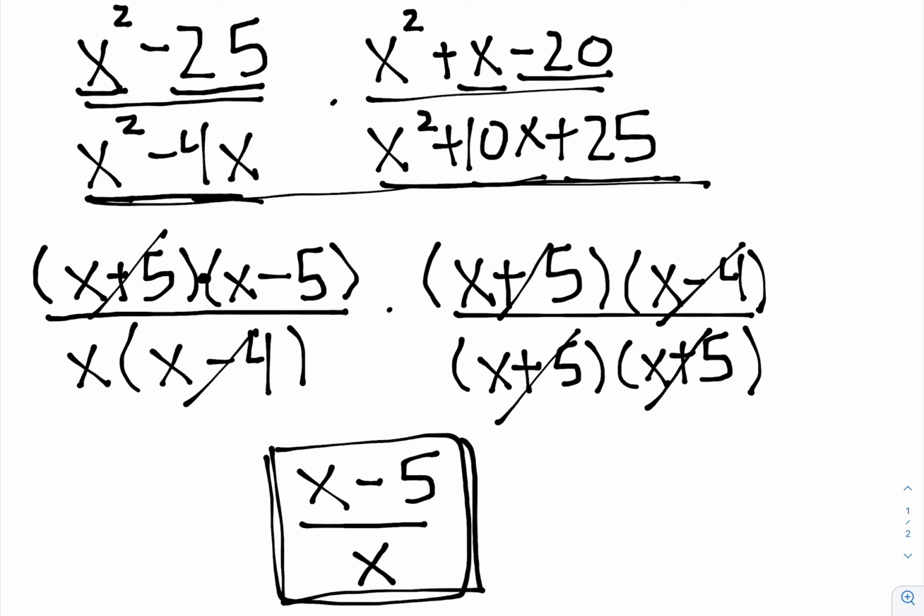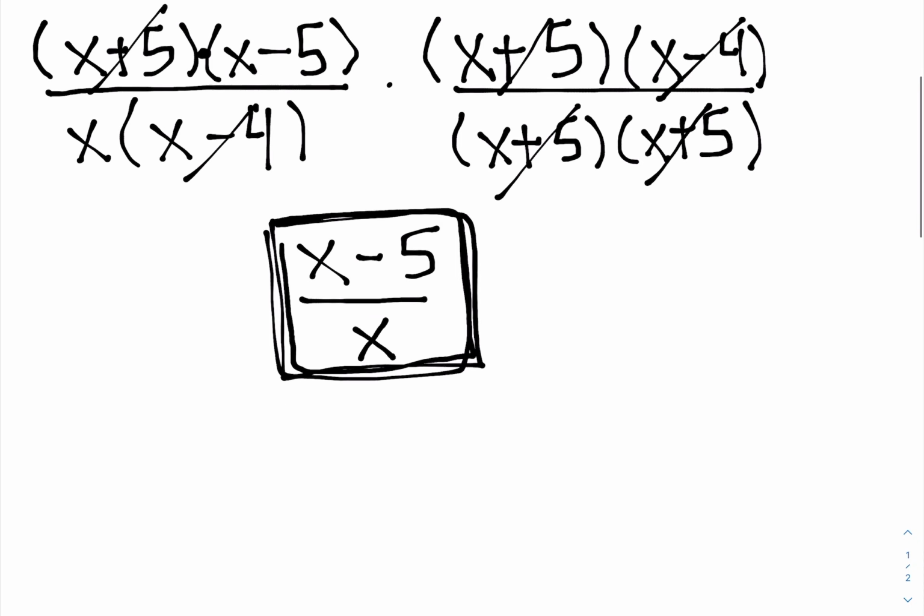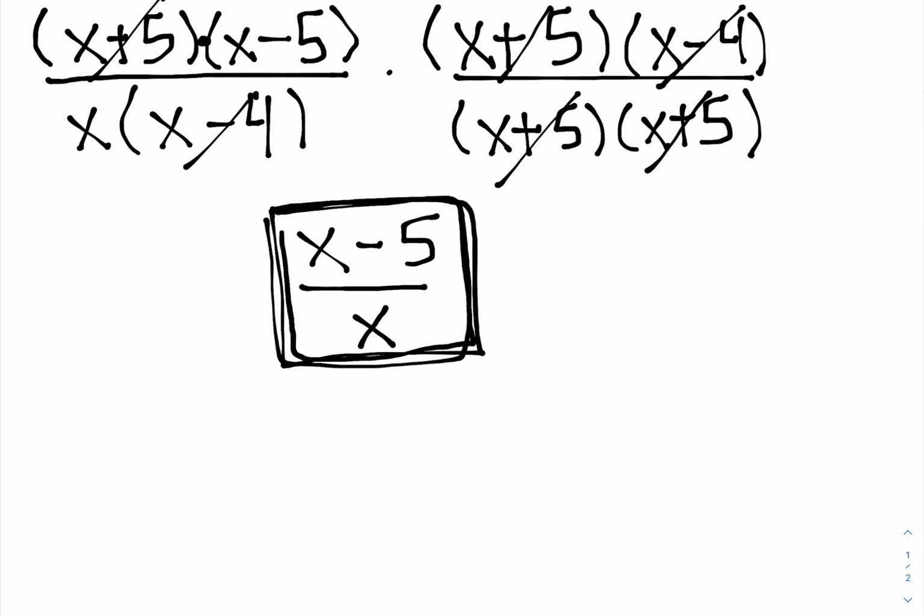It's not the exact same expression, but I'll go over that in a separate video, so don't worry about that for now. This is just how we can simplify long, ugly sets of terms like what we started with and condense it into something like x minus 5 over x. It's a bit easier to work with. There are some differences when you graph them, but don't worry about that for now.